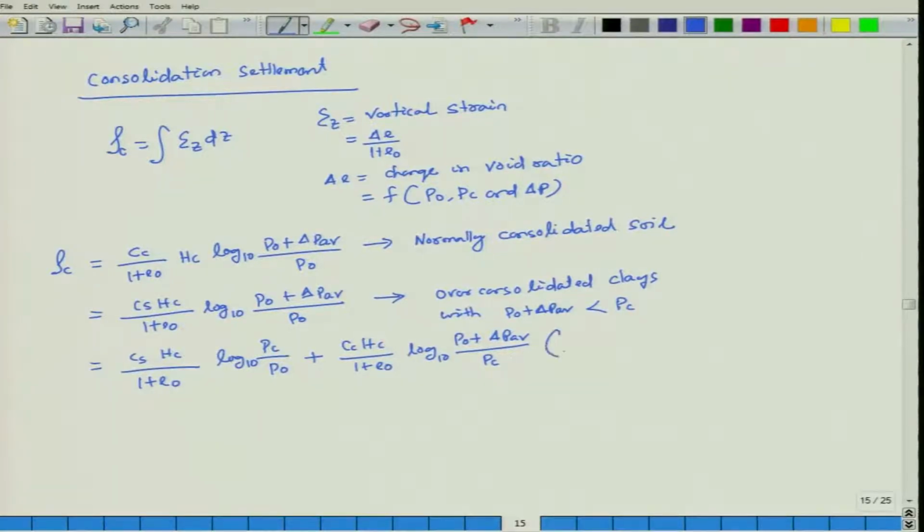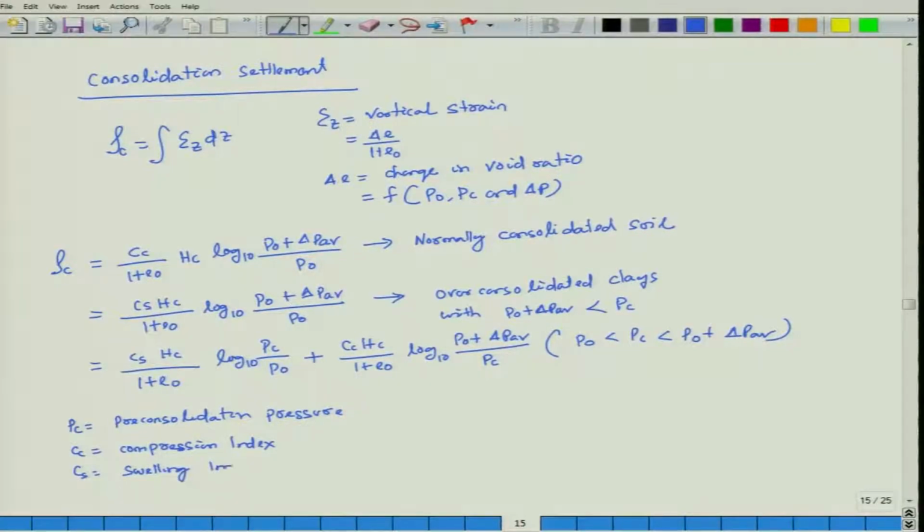So, that means in this case P 0 is less than P c, which is less than P 0 plus delta P average. P c is your pre-consolidation pressure, C c is equal to compression index, and Cs is equal to swelling index.